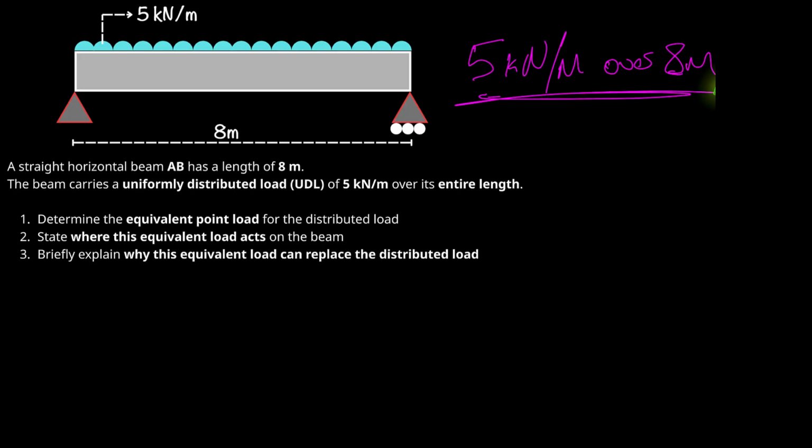Now, to replace this distributed load, we first need to find the total force acting on the beam. So we do that by multiplying the load intensity by the length. So the total load equals W, which represents our UDL or omega, times the length of the beam.